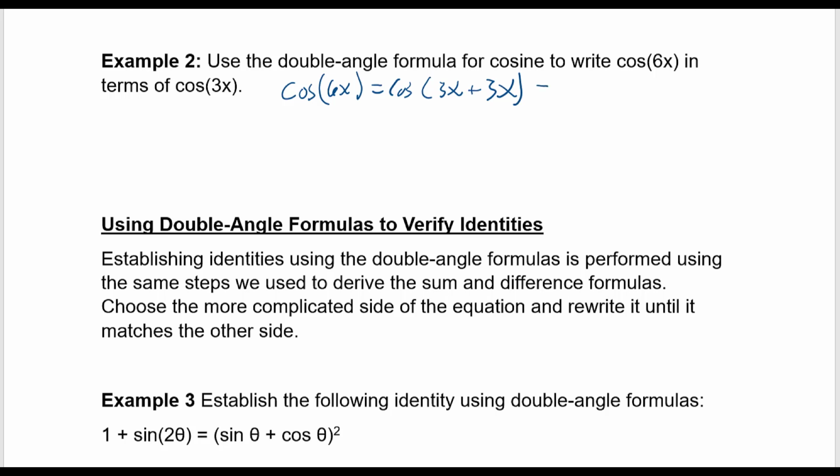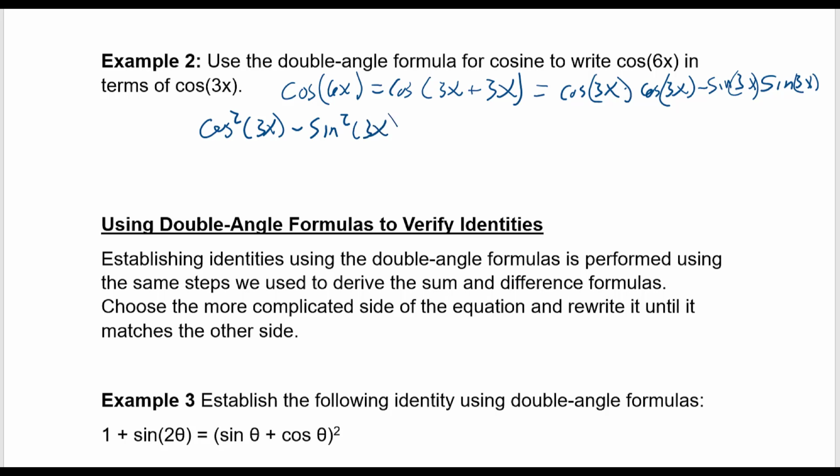So wouldn't that be cosine of 3x times cosine of 3x minus sine of 3x times sine of 3x. So we have cosine squared of 3x minus sine squared of 3x.